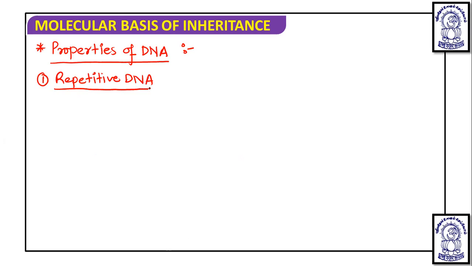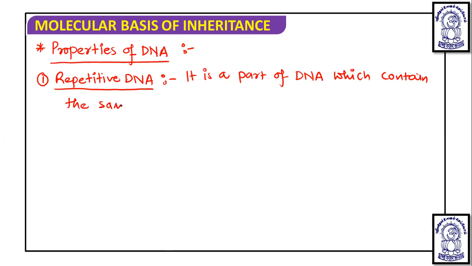Repetitive DNA is a part of DNA which contains the same sequence of nitrogenous bases repeated more than once in the genome.